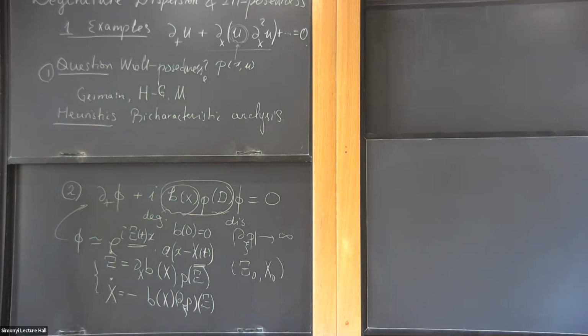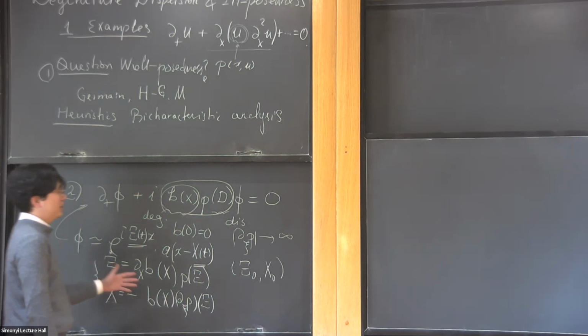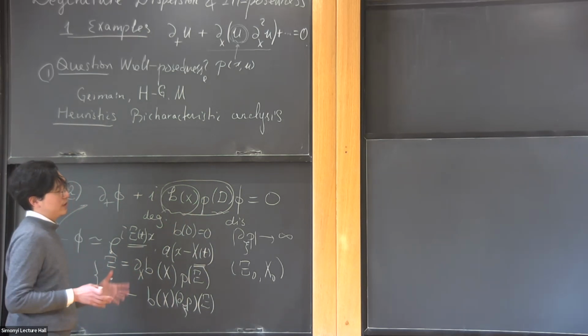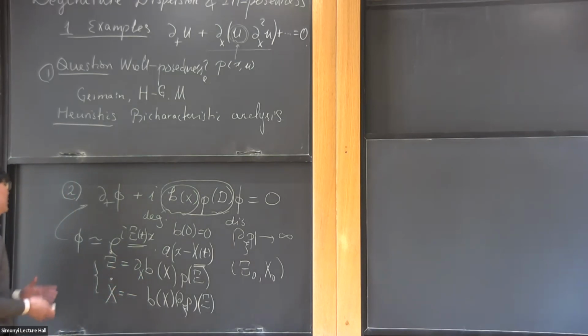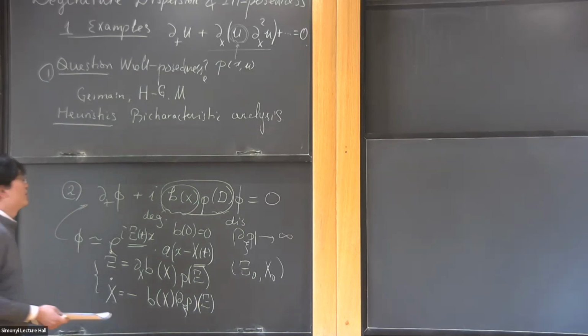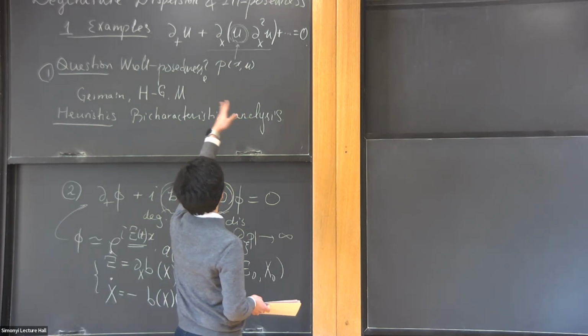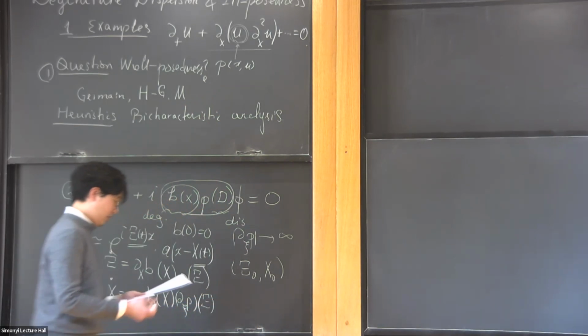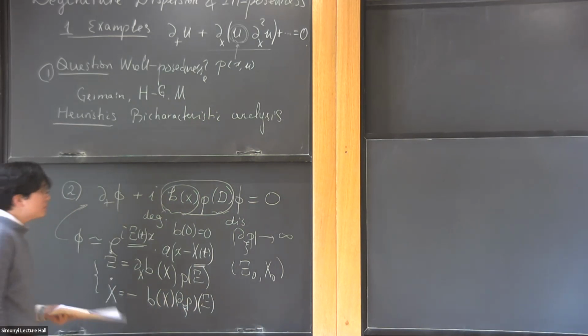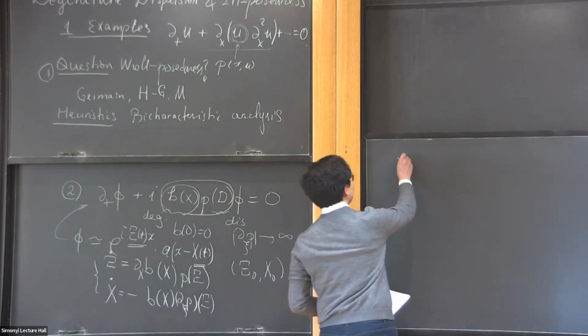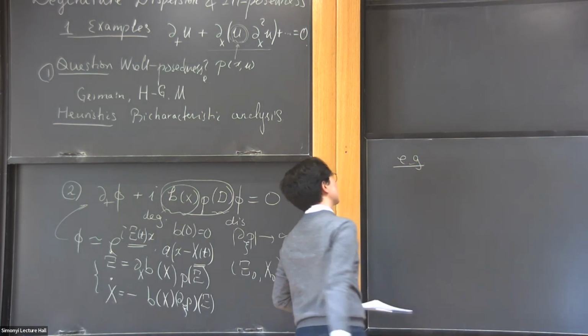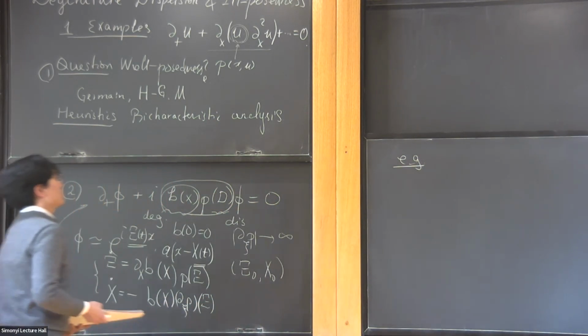So formally, based on this ODE, you can easily see that this linear equation is supposed to be ill-posed in any high regularity space. And I can easily show you a concrete example. We can take that example, for instance, where we started.